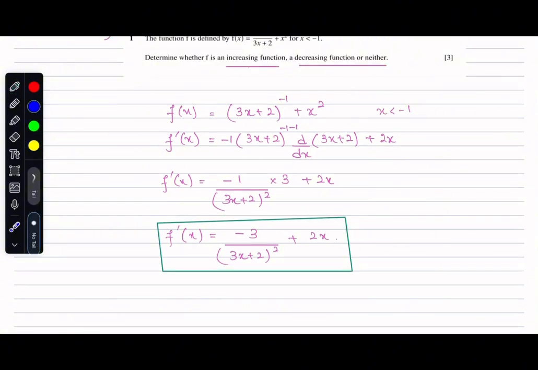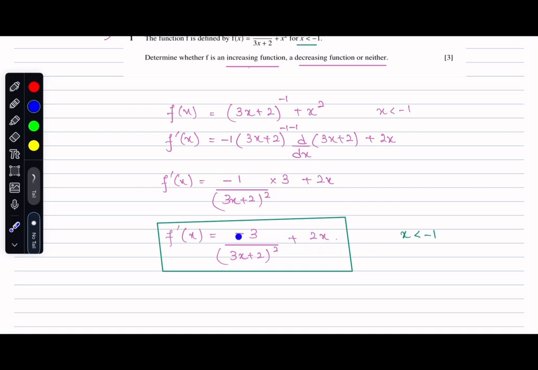With f prime x equal to negative 3 divided by (3x plus 2) the whole square plus 2x, and the given condition that x needs to be less than negative 1, all the x values are going to be negative. The denominator, being squared, will always be positive, so negative over positive gives us a negative term. Then x being less than negative 1, this term also will be a negative value.